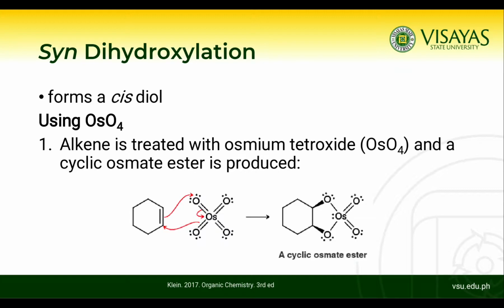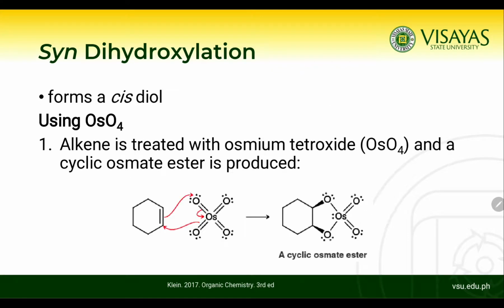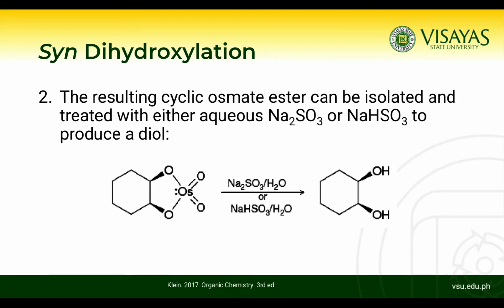So in this case, the alkene is treated with osmium tetroxide and a cyclic osmate ester is produced. And then, in the second step, the resulting cyclic osmate ester is isolated and treated with sodium sulfite or sodium bisulfite to produce the diol. So these are the reagents for syn dihydroxylation: osmium tetroxide and aqueous sodium sulfite or sodium bisulfite.